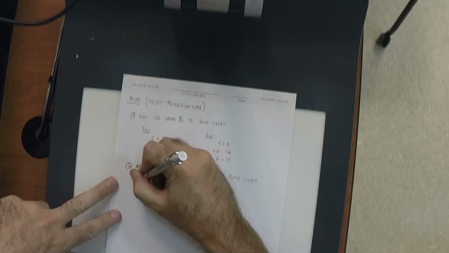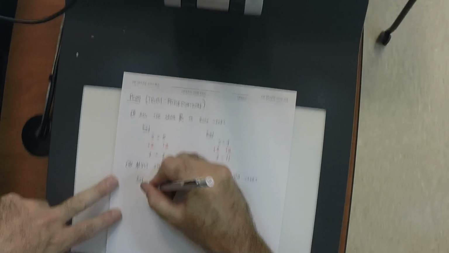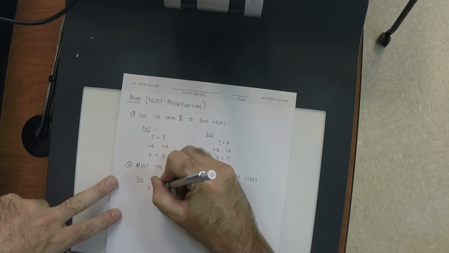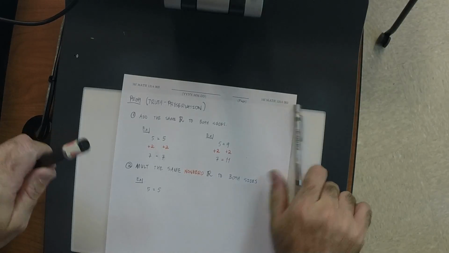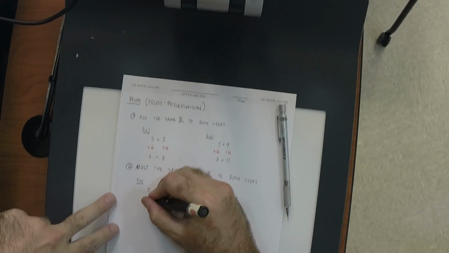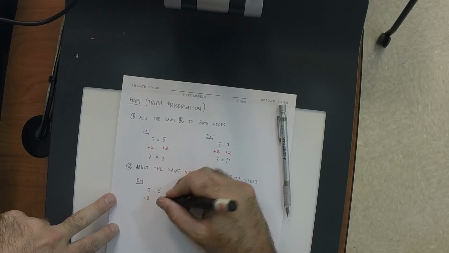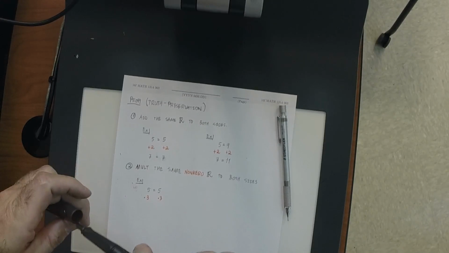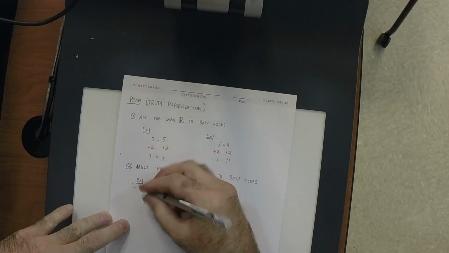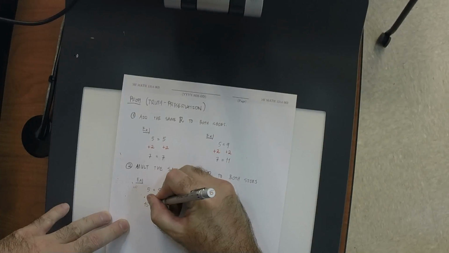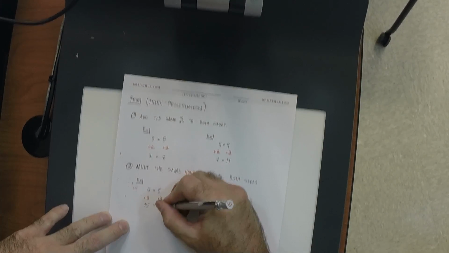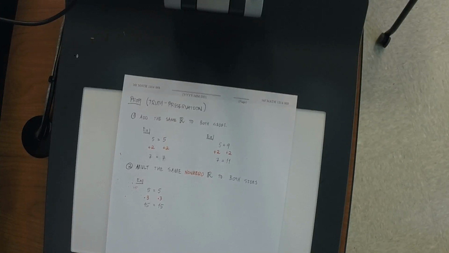So for example, how about 5 equal to 5? Is that true? It is. What if we multiply both sides by 3? What is the new left-hand side? 15. And the new right-hand side? 15. Terrific. Multiplying by 3 preserved the truth.